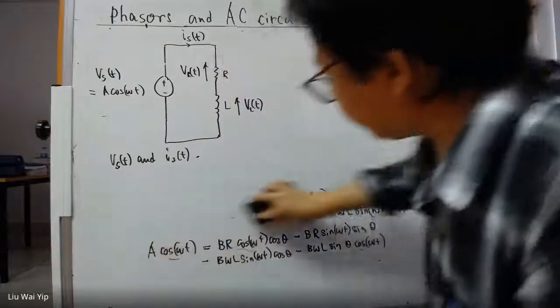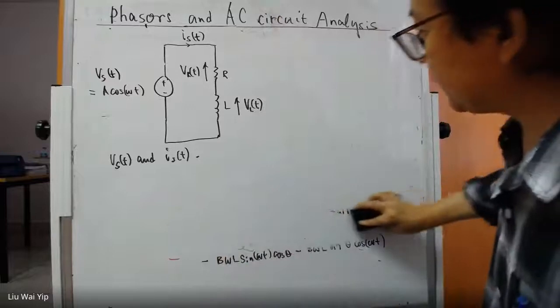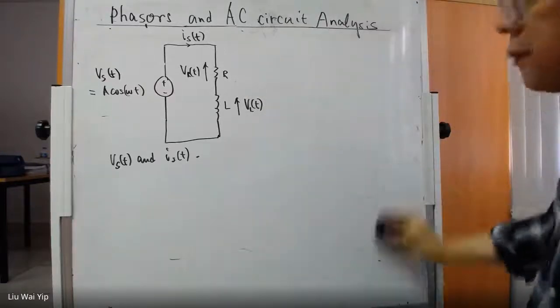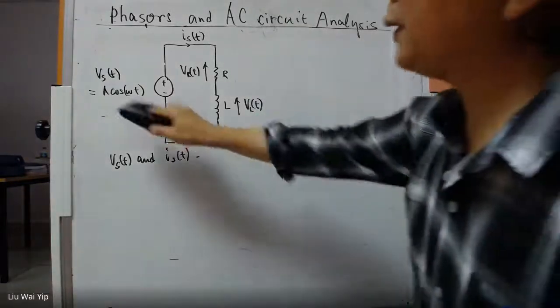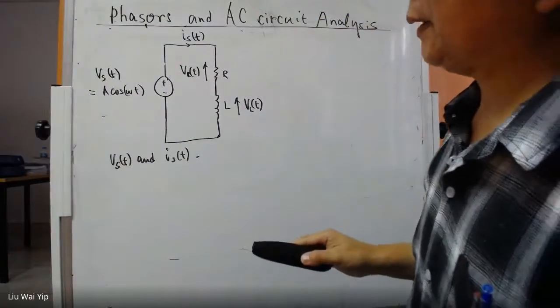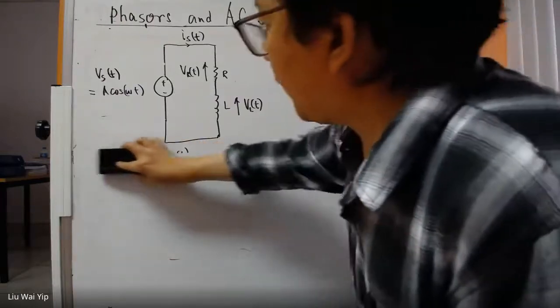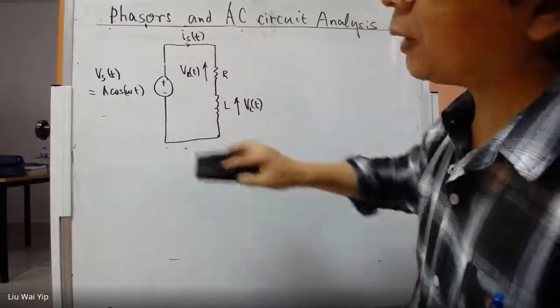To do that, we have to resolve the circuit in complex domain. Right now, we have the source voltage here, A cos omega t, and our job is to turn this into complex domain.